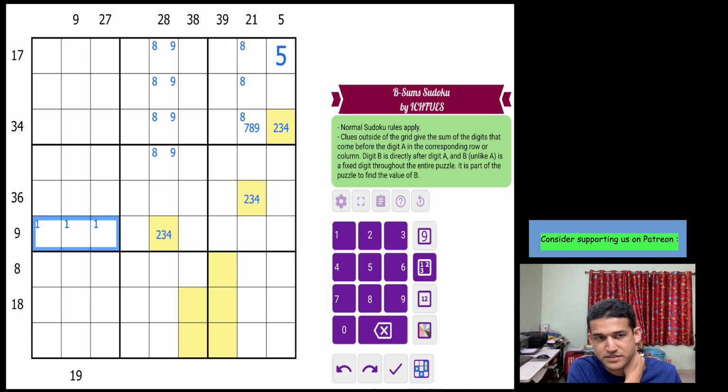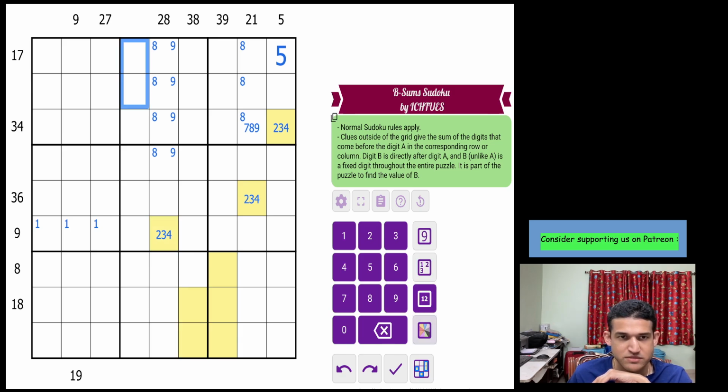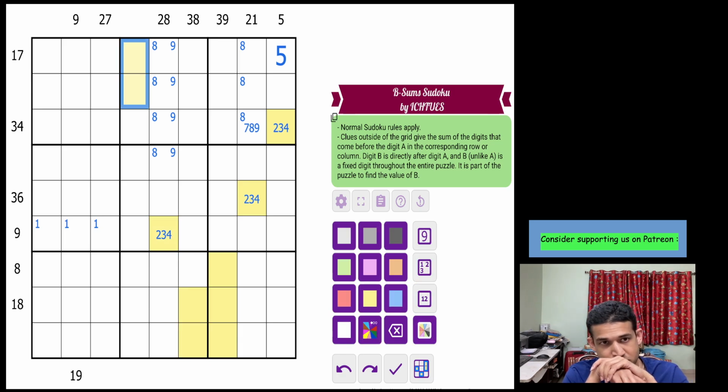Wow, this is a really interesting Sudoku. Now, using Sudoku rules, I know that B goes in one of these 2 cells. Interesting. Wow, this is really good, guys.